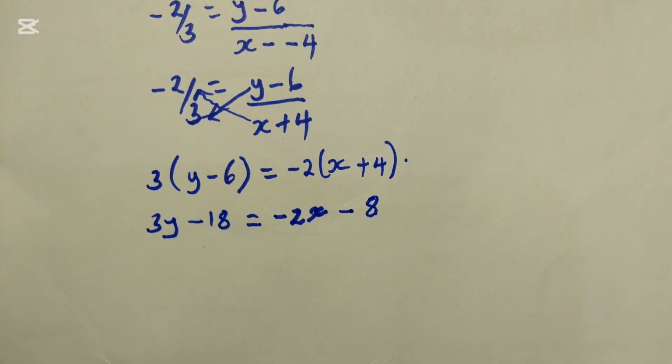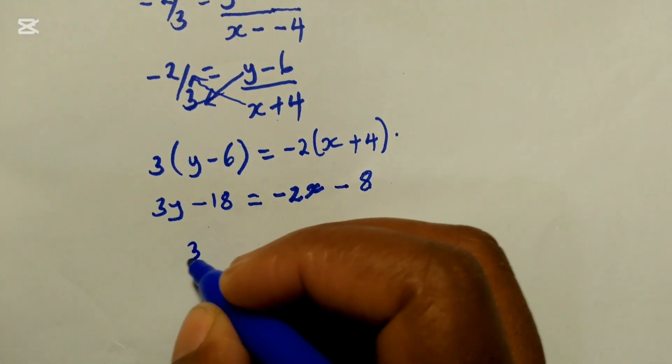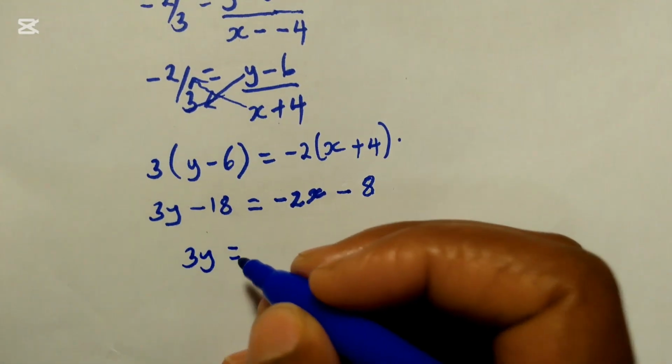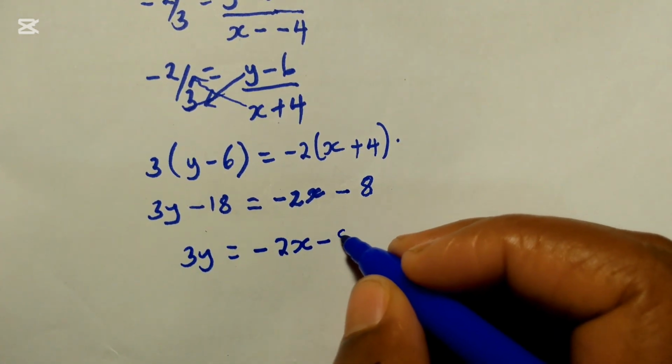A student can just say it is 2 times 4 and then write plus 8, and then you end up getting it wrong. So we'll have 3y is equal to negative 2x minus 8.